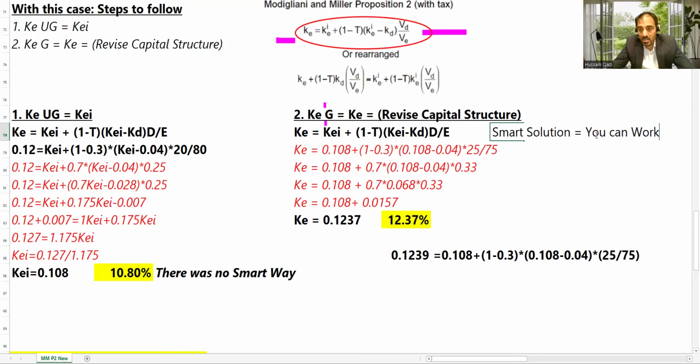Do remember, with the old Modigliani-Miller formula structure, if someone needs to identify KEI, you need to work out the detailed algebraic method, or at least show one or two steps, even though you are working with the calculator. But with the old structure, if you wanted to calculate the KE here, the smart solution was still available. That is the point.